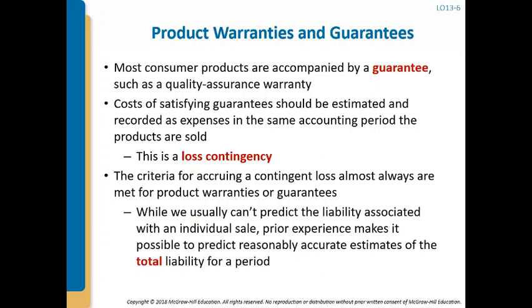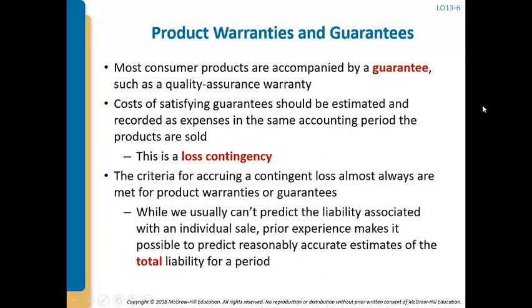So this is a loss contingency. The criteria for accruing a contingent loss for warranties of this type are almost always met. So you should, from past experience, be able to estimate the amount of product warranties in a particular period.